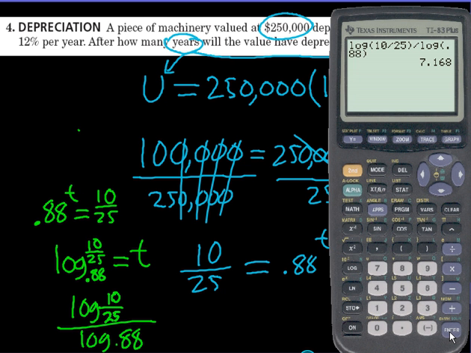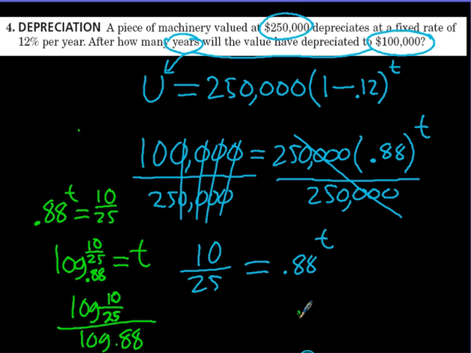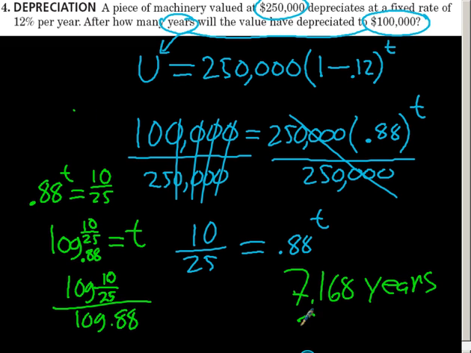Okay, so I would say, to answer this question, it was 7.168 years, which means really that it won't be until the 8th year that it has depreciated that much. Depends how they want the answer, after how many years.